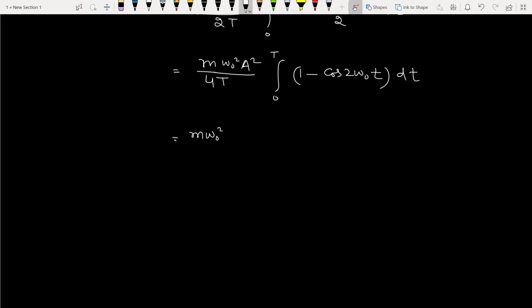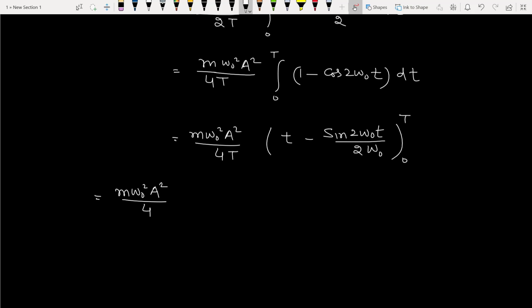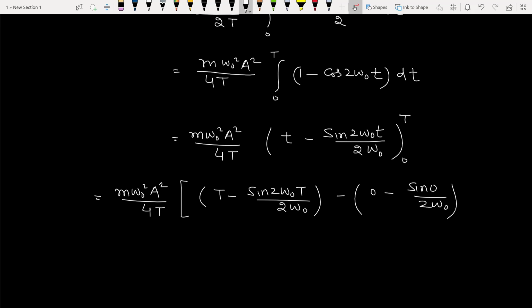m omega naught square a square by 4T, integration gives t minus sine 2 omega naught t divided by 2 omega naught, 0 to capital T. Substitute the limits: t minus sine 2 omega naught T divided by 2 omega naught, minus 0 minus sine 0 divided by 2 omega naught.